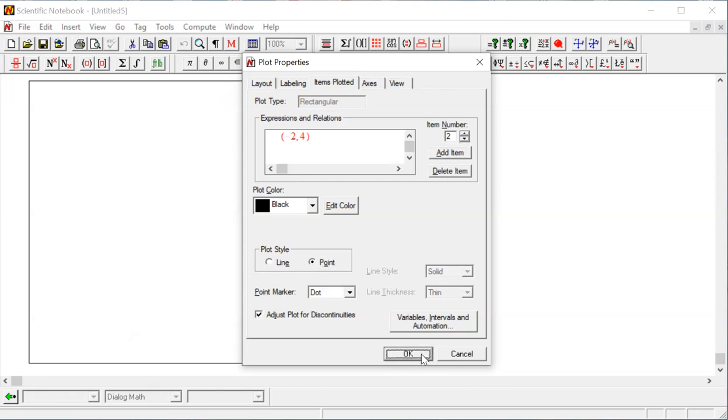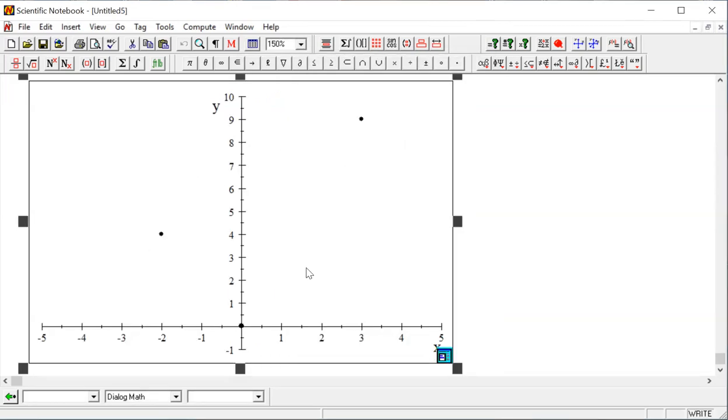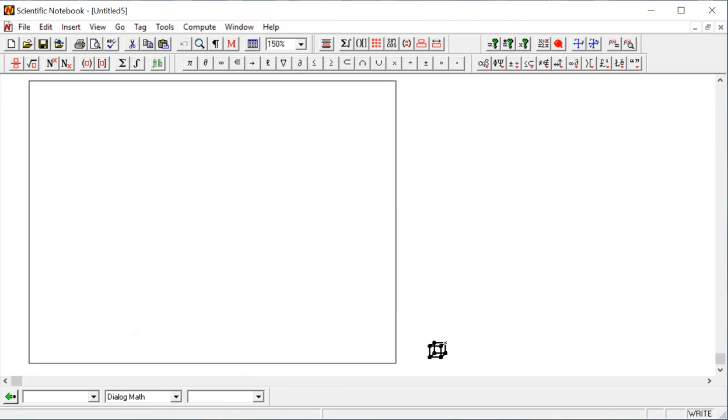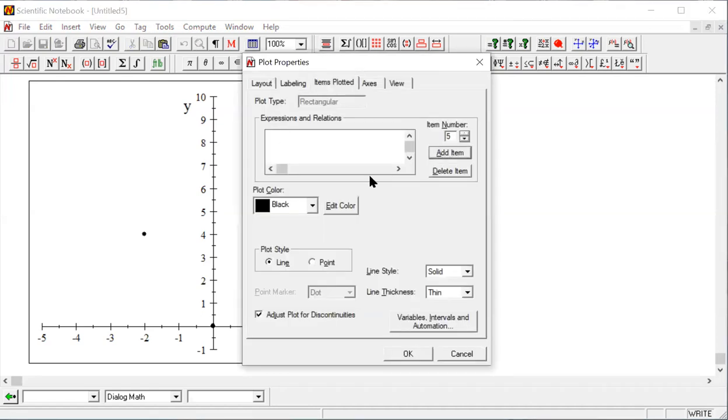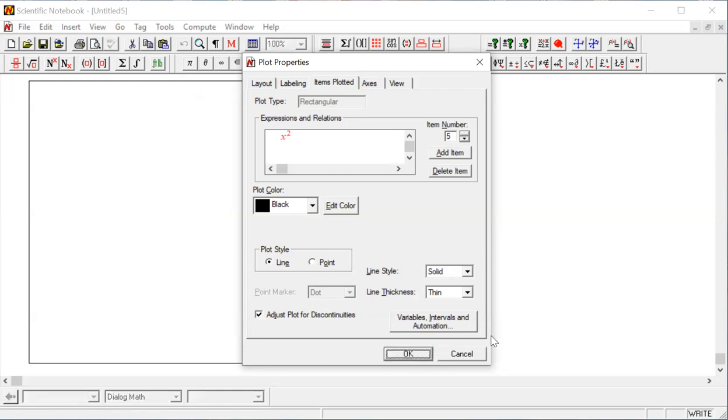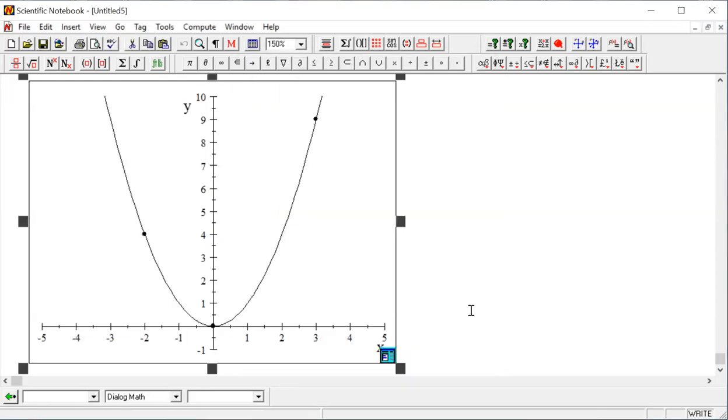But because this function might be pretty familiar to many of you, I'm not going to plot all those points. I'm just going to connect the dots because most of us probably know this picture. X squared. That's the graph.